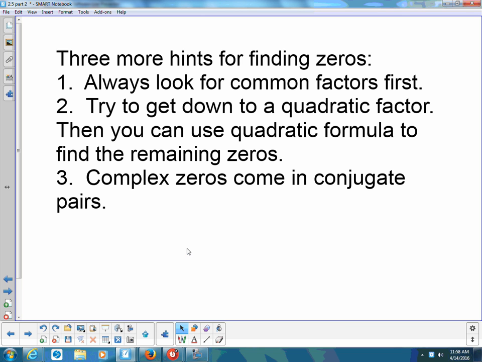Try to get down to a quadratic factor, and then you can use the quadratic formula to find the remaining zeros. And the other important point is that complex zeros and irrational zeros come in conjugate pairs. All right? Complex zeros and irrational zeros come in conjugate pairs.